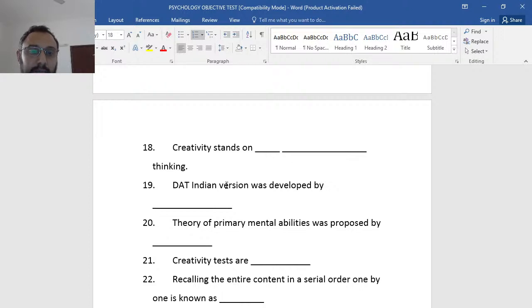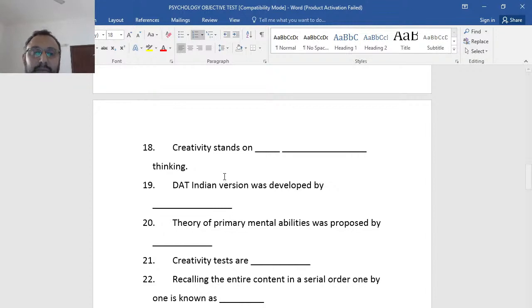DAT was developed by J.M. Ojha, they are saying. I am just keeping it as the Indian version is by J.M. Ojha. The Differential Aptitude Test battery, DAT, is actually developed by George K. Bennett on the basis of Thurstone's primary mental abilities. The primary mental abilities theory is the base for the development of the DAT version.